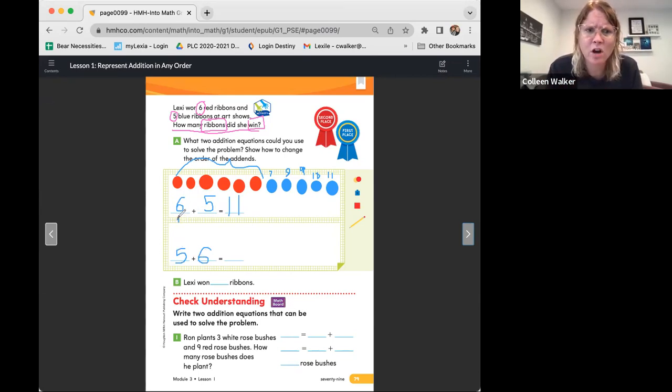So these are my addends right here, and these are my addends right here. What's this number called? That's at the end. Sometimes it can be over here if there's an equal sign. What's this number? If you said sum, that's correct. This is the sum.